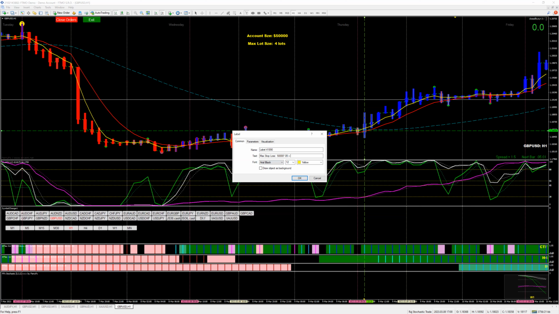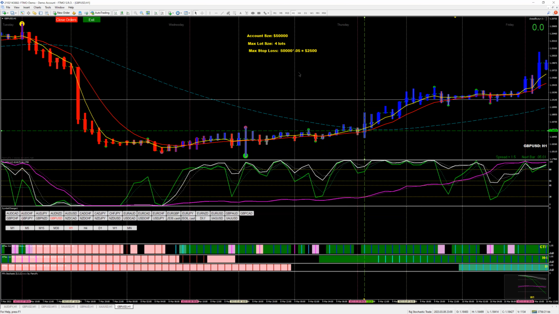This is equal to $2,500. So if I can only afford to lose $2,500, what does that translate to in my lot sizing? For 4 lots, $2,500, $10 a pip. This is the pound dollar.